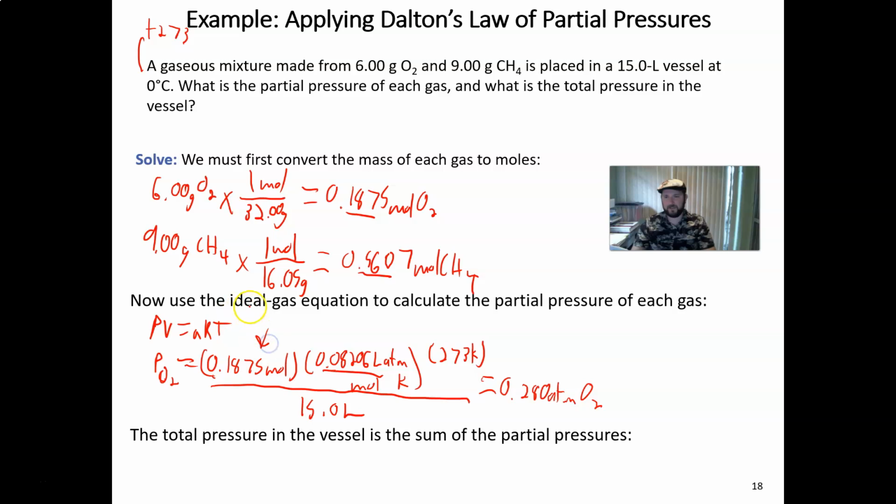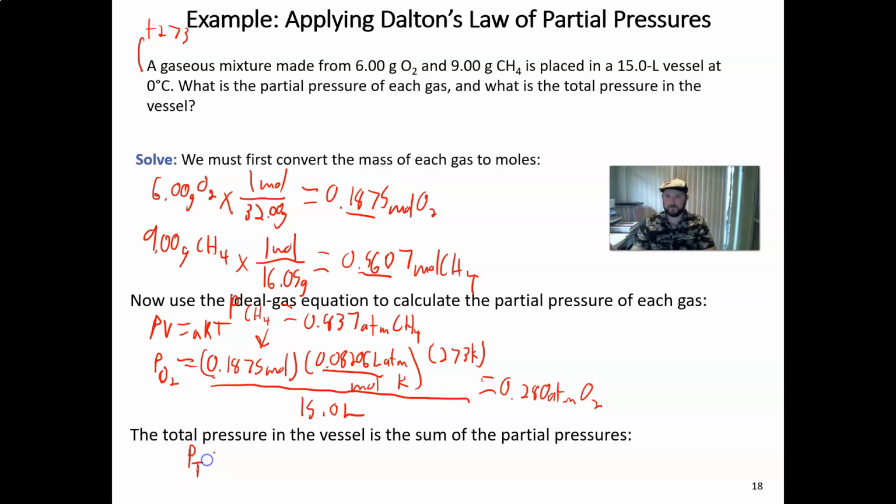So for CH4, we would have 0.5607 times 0.08206 times 273 divided by 15, and we get a value of 0.837 down to 3 sig figs, and that would be atmospheres of methane. Of course, the total pressure is just the sum of the two pressures.